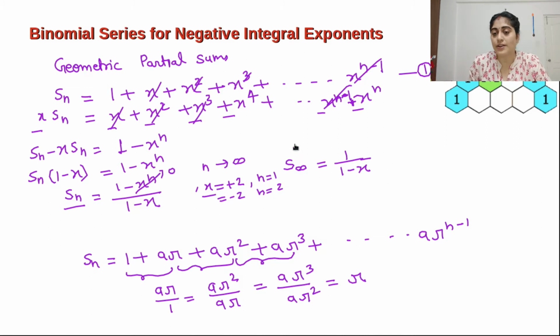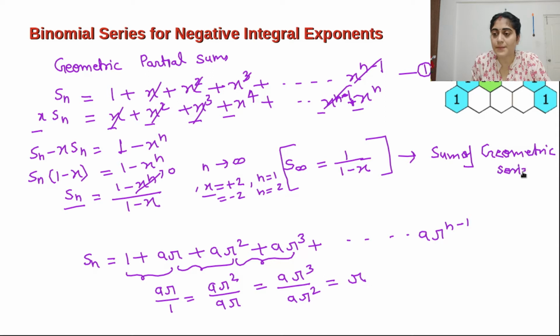But if n goes to infinity, that is called the sum of a geometric series. This time the number of terms goes to infinity.